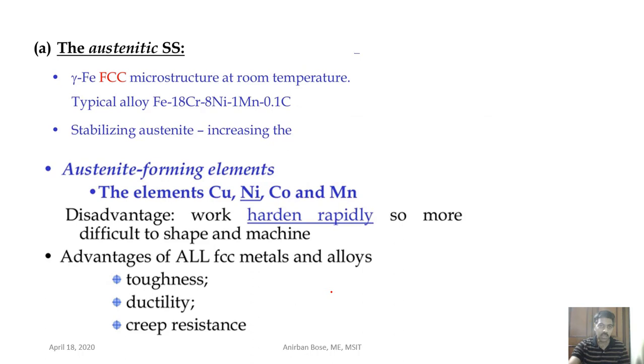Okay, so in the austenitic stainless steel, definitely the alloying element present is an austenite stabilizer, austenite field stabilizers like nickel, manganese, copper, cobalt. If these are present, then the final structure will be austenitic FCC structure.